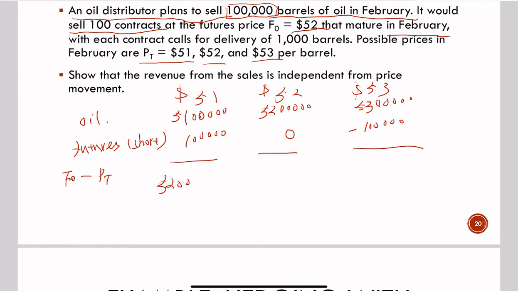So what is your final account value? It's always $5.2 million. Okay, so it's always this amount.